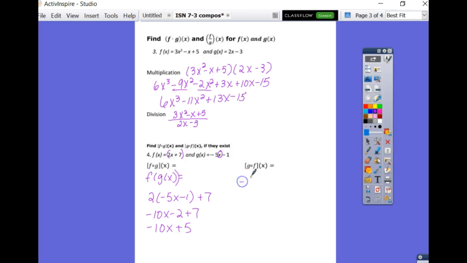So this time I get negative 5 times 2x plus 7 minus 1. So I get negative 10x minus 35 minus 1. So yes? Okay.